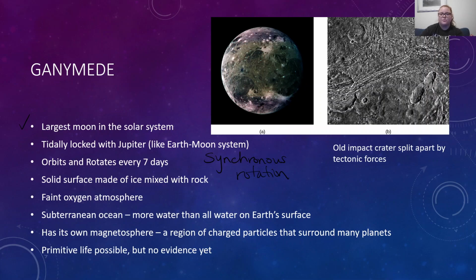Okay, so we have this older impact crater by some sort of meteor or meteorite, and it was split apart by tectonic forces. So there must be some sort of tectonics going on at Ganymede or inside of Ganymede to move plates around, okay, much like on Earth.